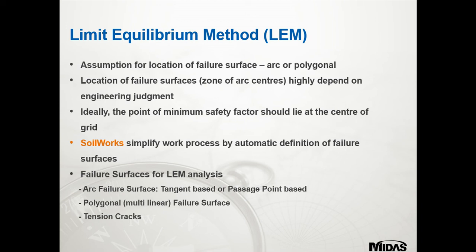Location of the probable failure surface depends on the engineering judgment. Usually a system of grid or arcs are created to find out critical failure surfaces. Ideally, the critical grid point representing the minimum factor of safety should lie at the centre of the grid, which I'll show you an example of in a moment.